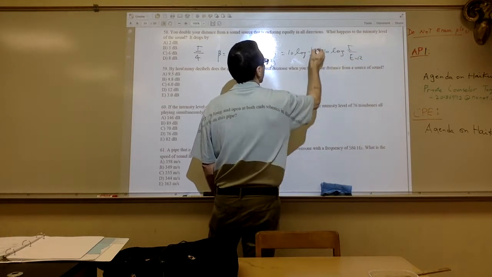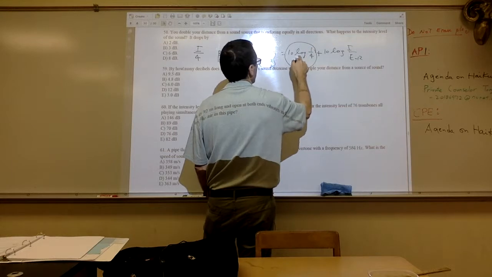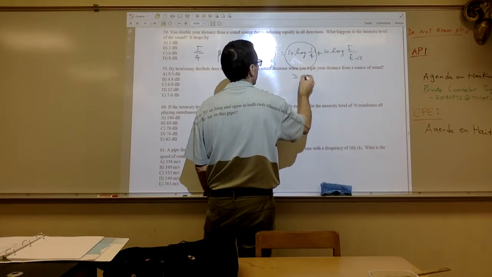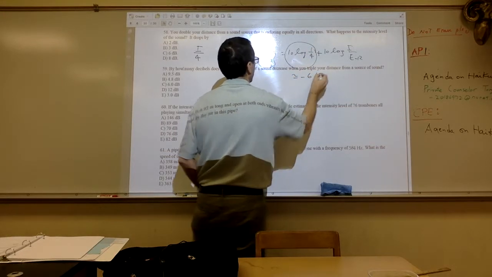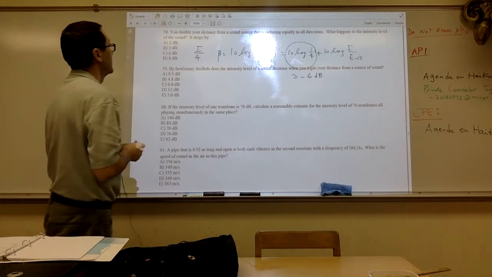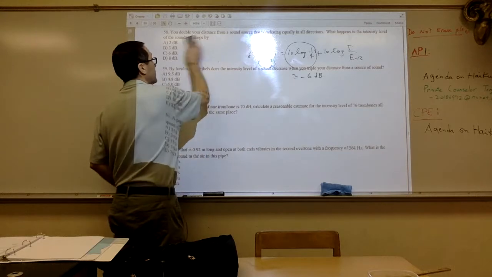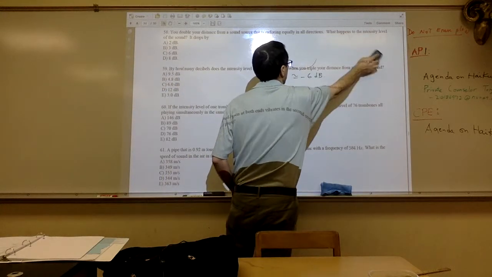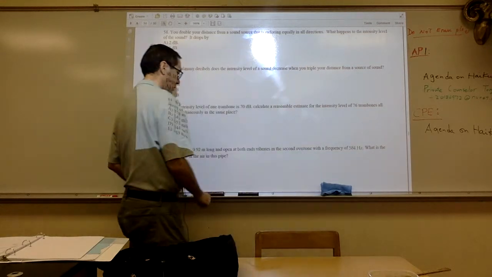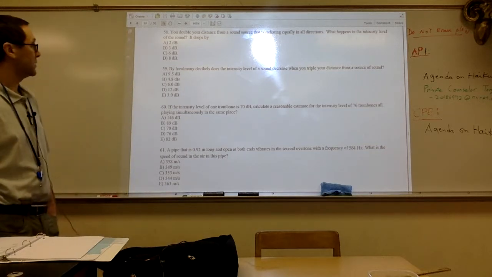Okay. So this is by how much we're going to change. And if you put that in your calculator, you should get about -6. All right? So it's all proportions. You can do this the long way, but I don't recommend it. I think you just use proportions, use the rules of logs, and you should be all right.